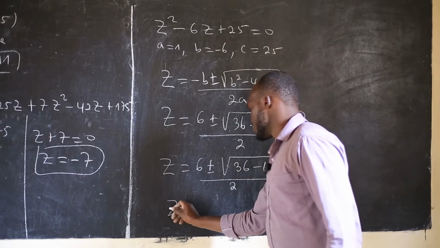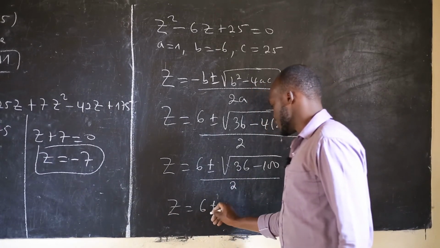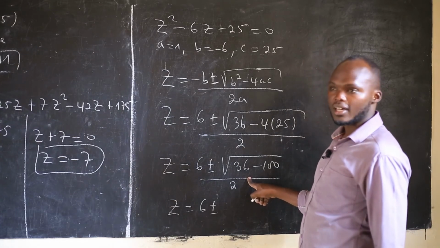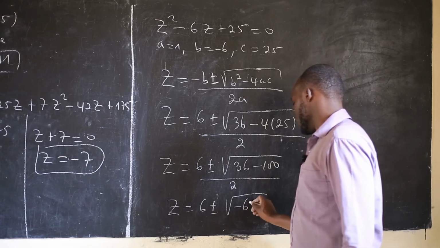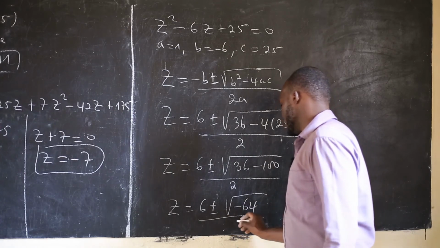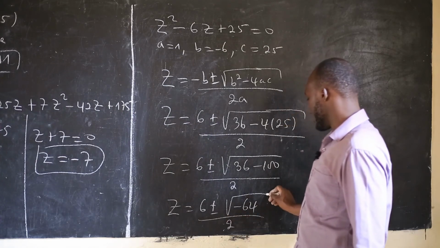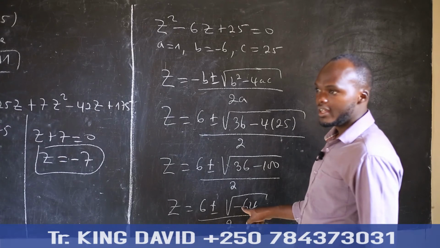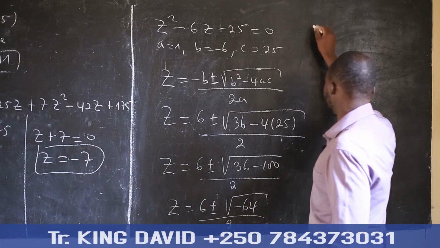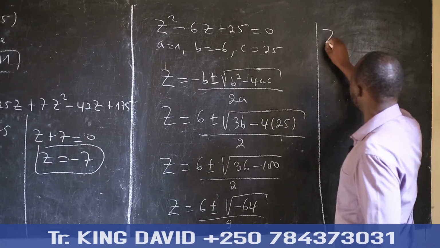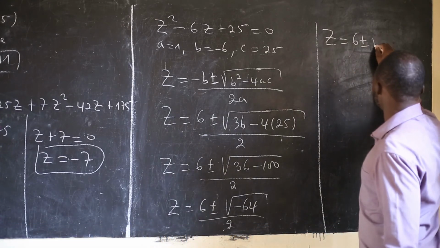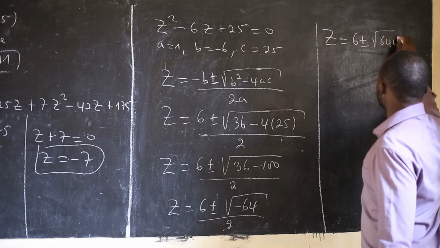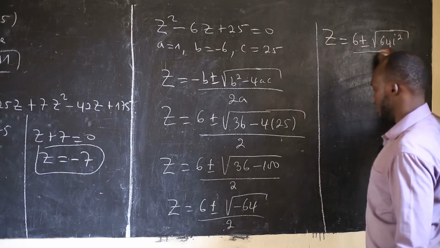So z will be equal to 6 plus or minus, 36 minus 100 is negative 64, root negative 64. And you know that negative 1 under the square root is i squared. So z equal to 6 plus or minus root 64 i squared, divided by 2.